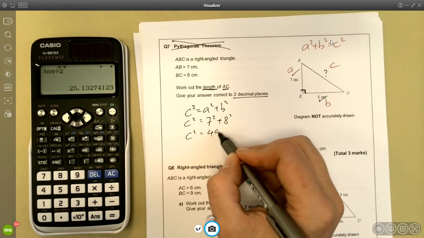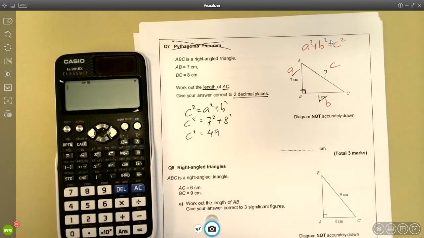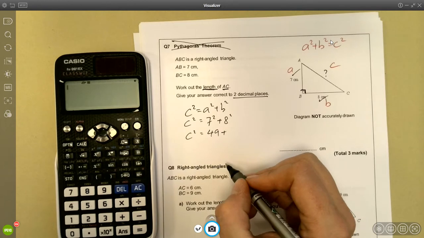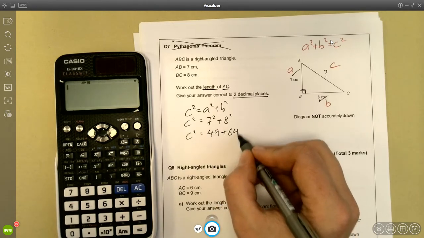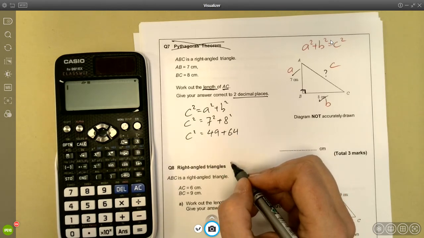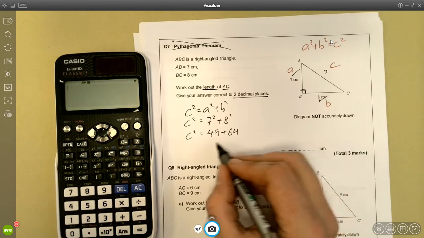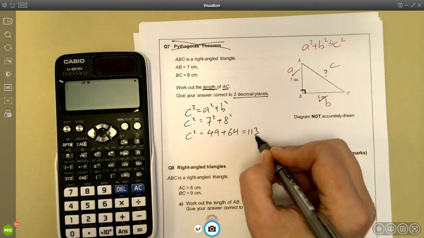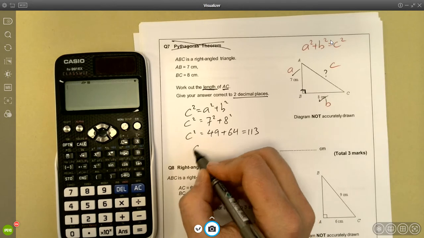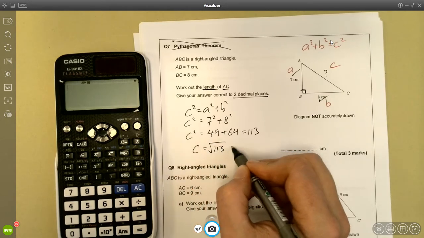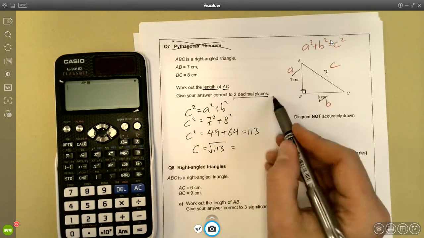All right, stuff we kind of should know. We know that that's 49, but you can do this on a calculator. Added to 8 squared, which is 64. Okay, so that gives us a total of 113, but that's c squared. C is the square root of 113. And we want to go 2 decimal places.